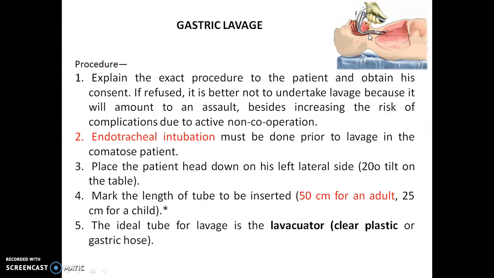The ideal tube for this lavage is the lavacator. With the help of this nasogastric suction tube, we can remove the toxic substances from the stomach. These lavacator tubes are made up of very clear material.